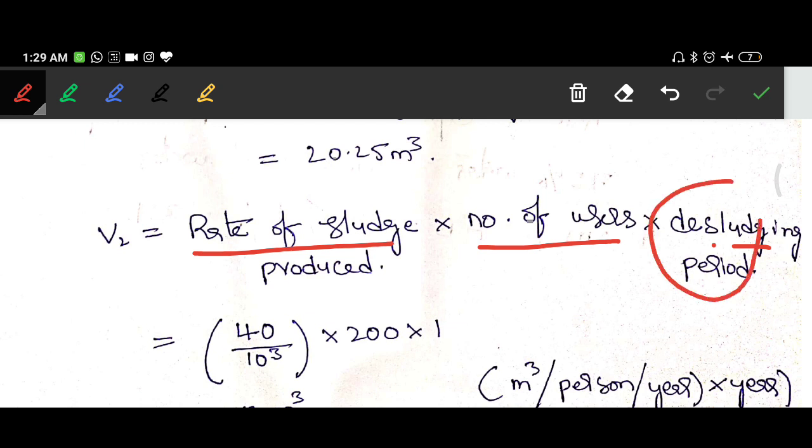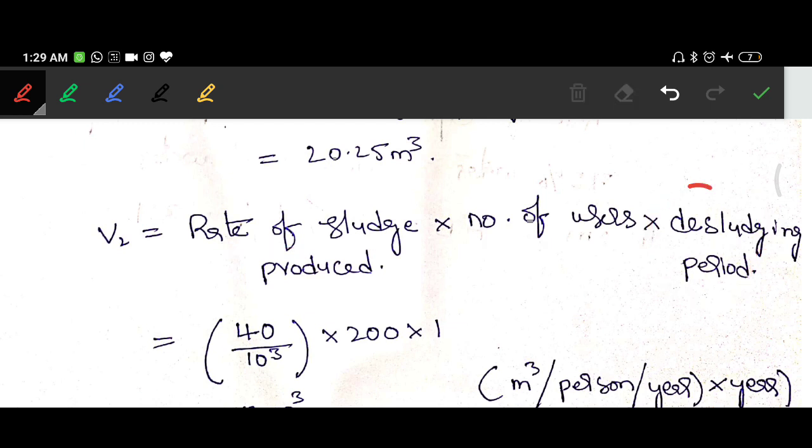Here a new word comes, desludging, which is nothing but cleaning of the sludge. In the question it is given that once in a year the septic tank has to be cleaned, so we'll take 1 here.